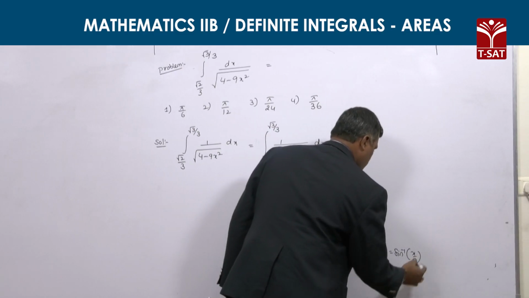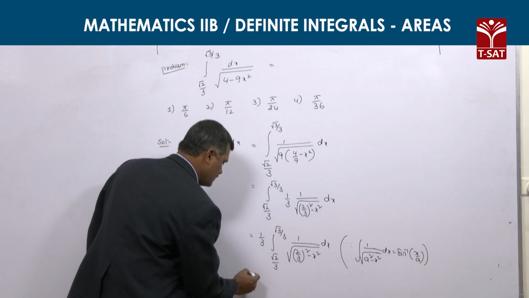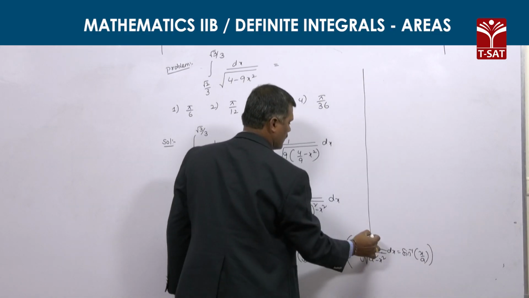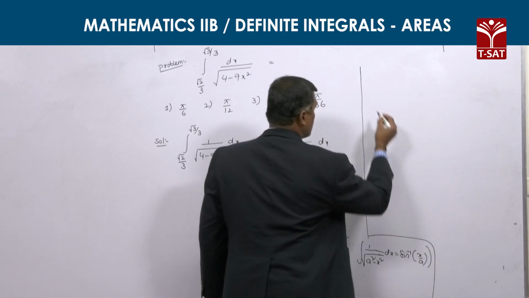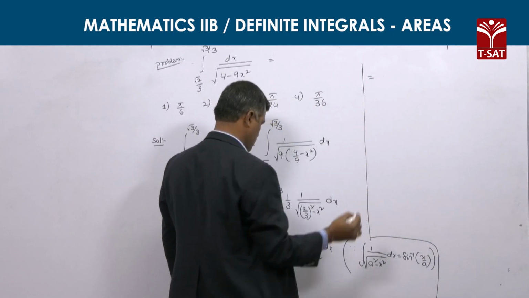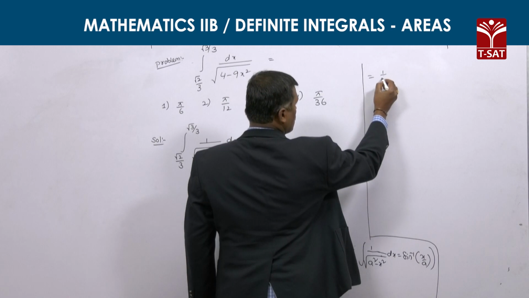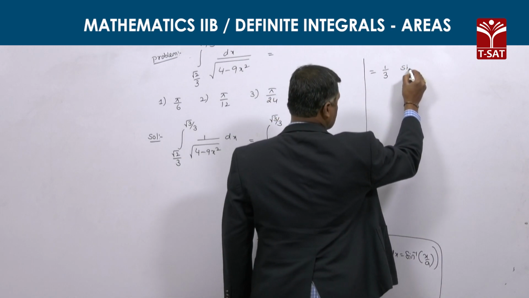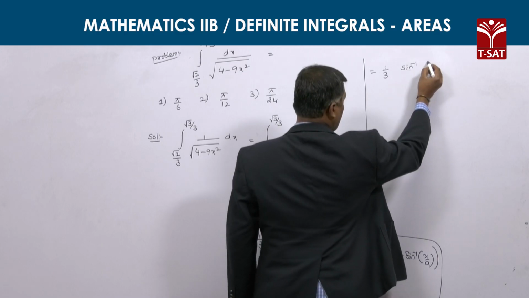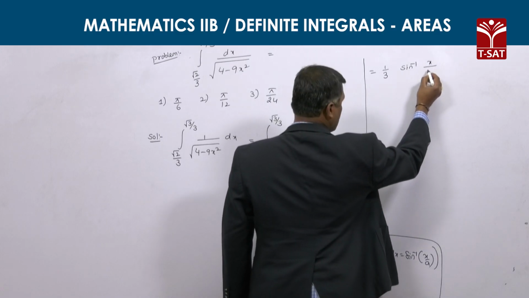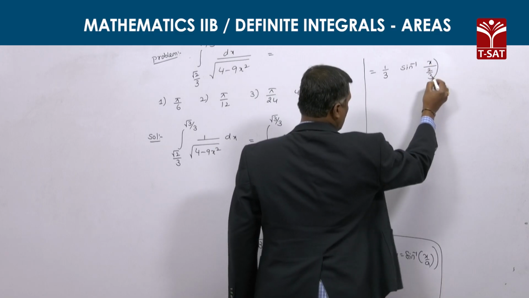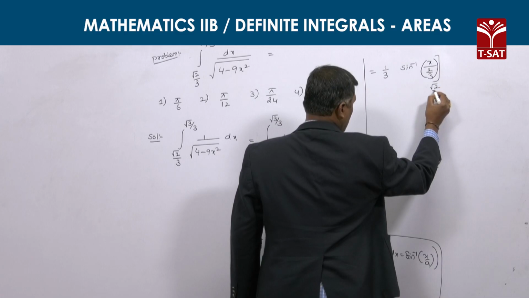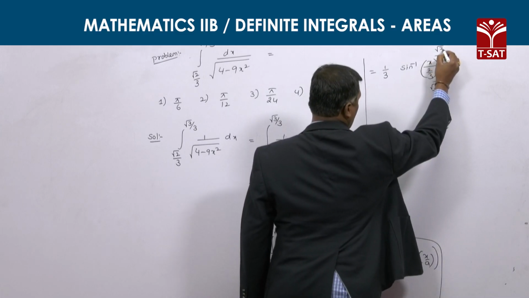Now applying that formula, it equals 1 by 3 into sin inverse of x by a. Here a is 2 by 3, with lower limit root 2 by 3 and upper limit root 3 by 3.